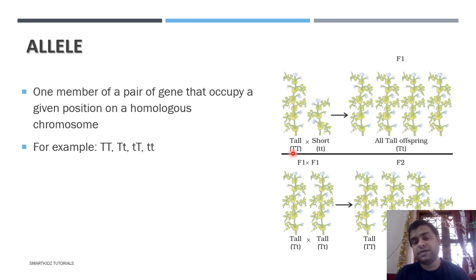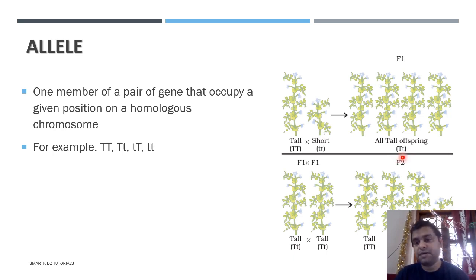When it is dominant, we denote it in capital letters. When it is recessive, we denote it in small letters. If both are dominant, then we call it homozygous dominant. If we have both alleles as recessive, then we call it homozygous recessive. In the case here, if you notice, this is one capital T, one small t.